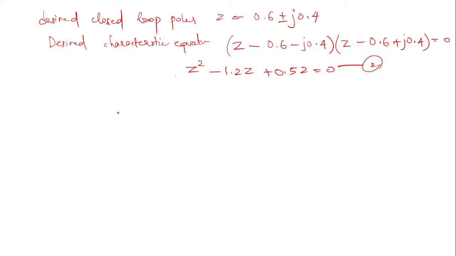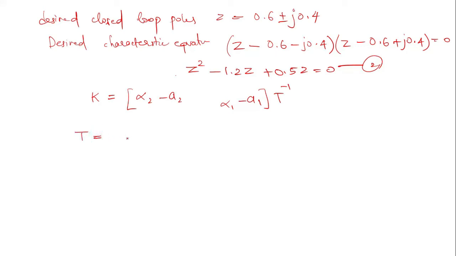From your desired characteristic equation, you will find the alpha values, and from the actual characteristic equation, you will find the a values. And the K matrix is alpha 2 minus a2, alpha 1 minus a1 into T inverse. So here we need to find what the T matrix is.